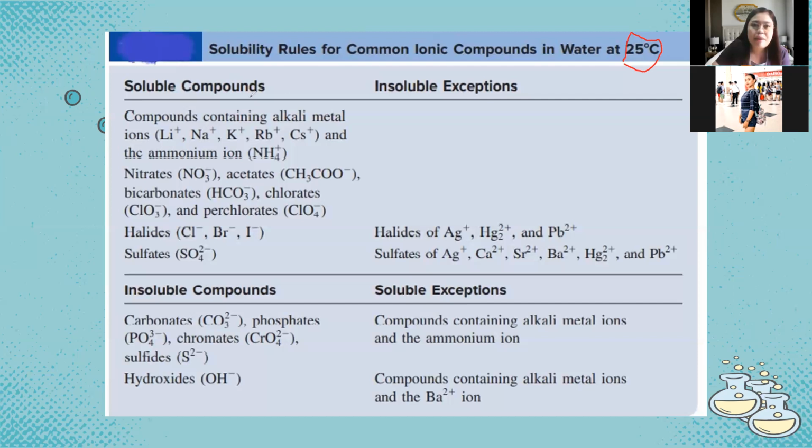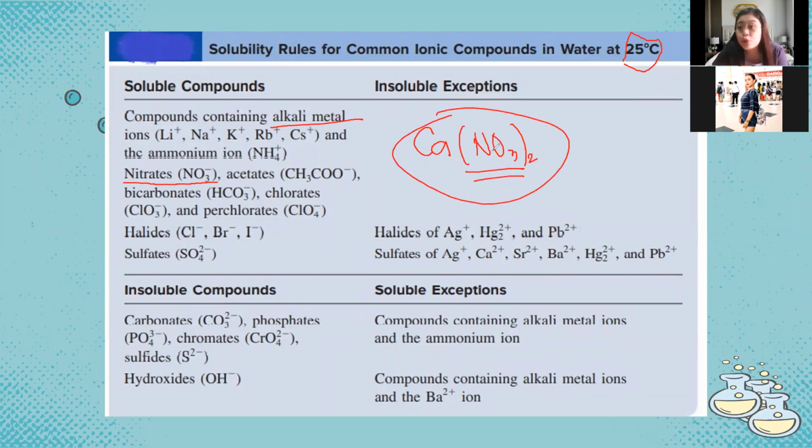Now, aside from our alkali metals, our polyatomic ions like nitrates, so kahit pa i-combine mo siya with other metals like calcium nitrate, due to the presence of this nitrate, this one will be soluble.